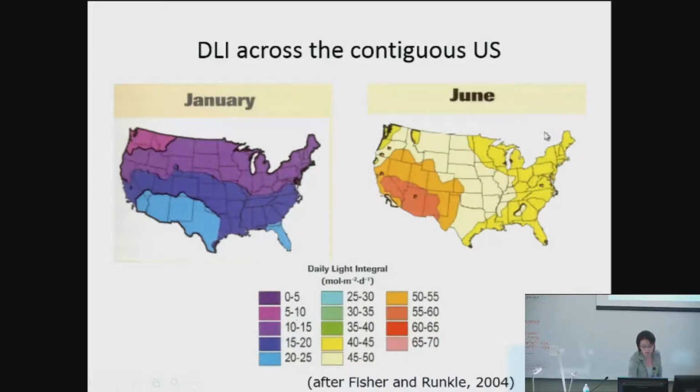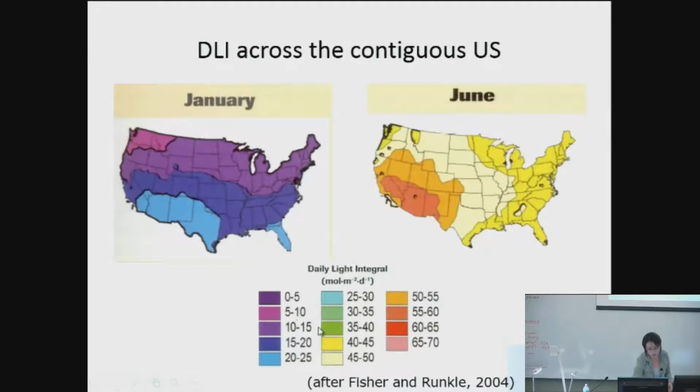Okay, so January and June, this is the range. You see that we have a relatively high light all year round. So this is really helpful when you need to decide the location to build your greenhouse for production capacity.